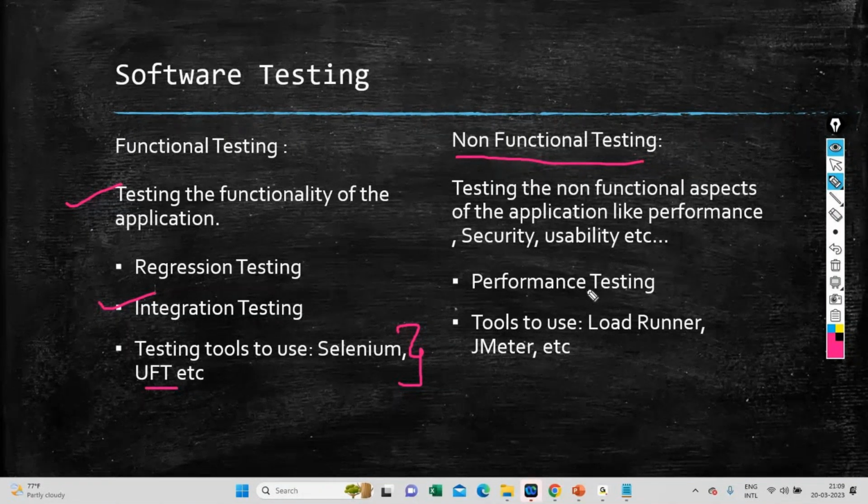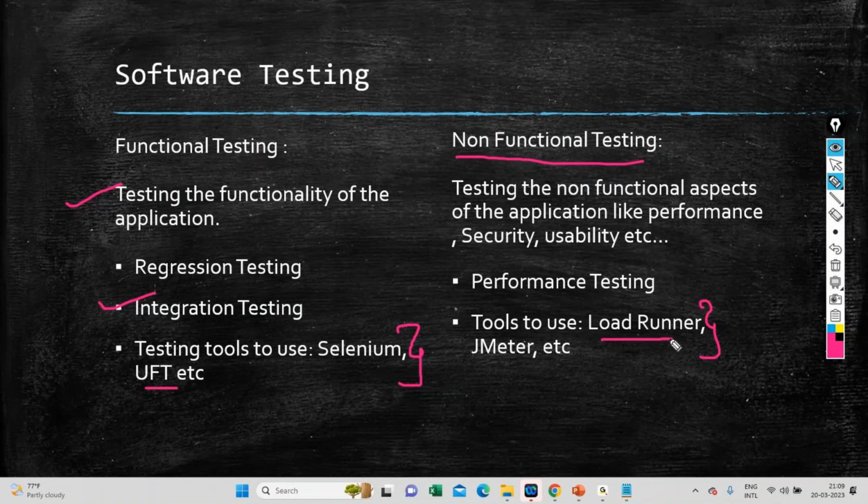If you click on share, how much time is it taking to share the post? It's like testing the performance of that particular application or a particular functionality. With respect to performance testing, we use tools like LoadRunner, JMeter, etc. We have other tools also like NeoLoad, Gatling, and so on. But the most widely used tools in the market are LoadRunner and JMeter.